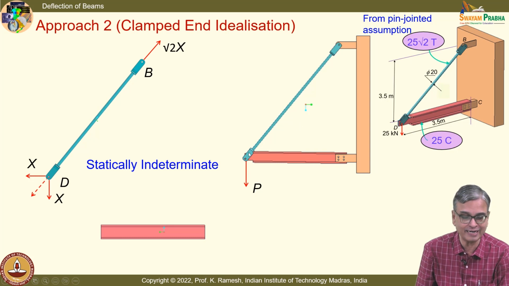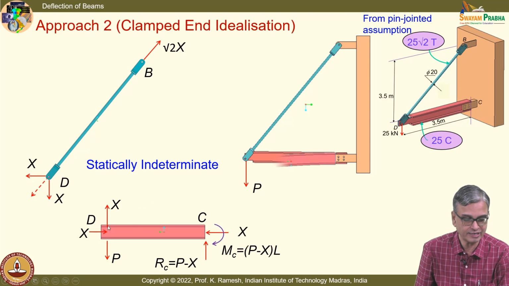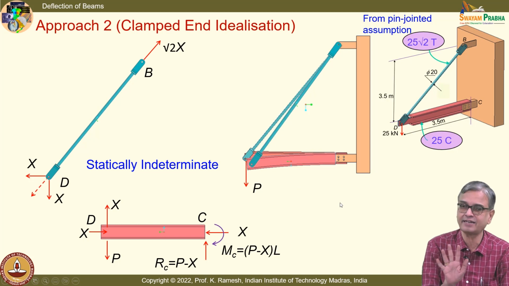I cannot analyze this as a simple pin joint because the behavior is now different. So I draw the free body diagram for this. I can only say that this has a load X in the vertical direction and X in the horizontal direction. So instead of rotation, it will bend like this, and you will have this member joined like this. Is the idea clear?